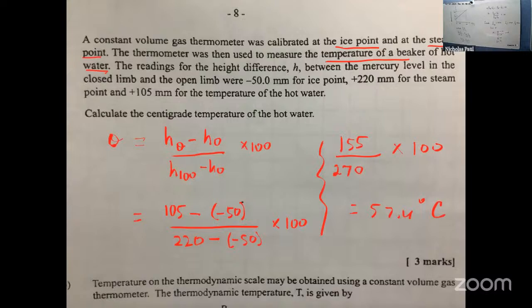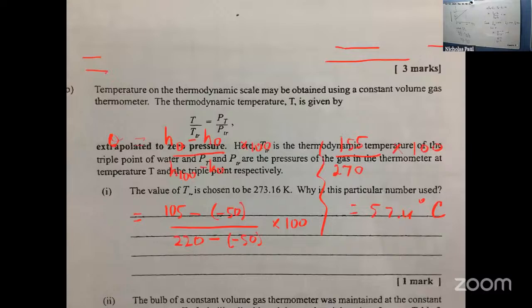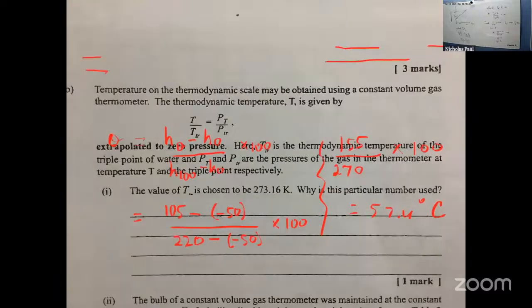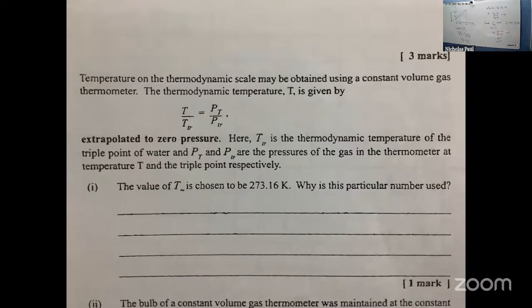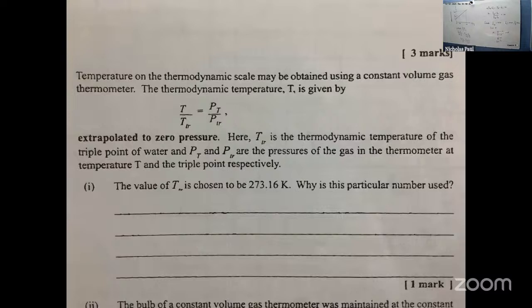Right, the part 2, I can't find the year. The year is below. Oh wait, yes, look here. Right, so the temperature on the thermodynamic scale may be obtained by using a constant volume gas thermometer.